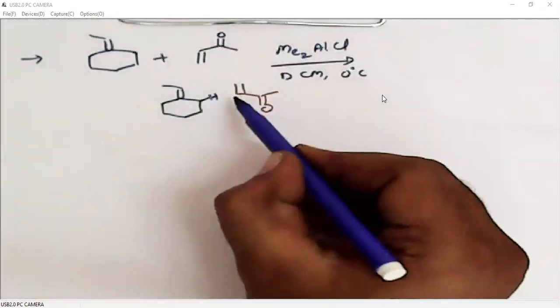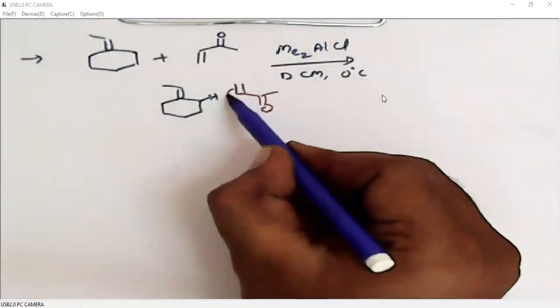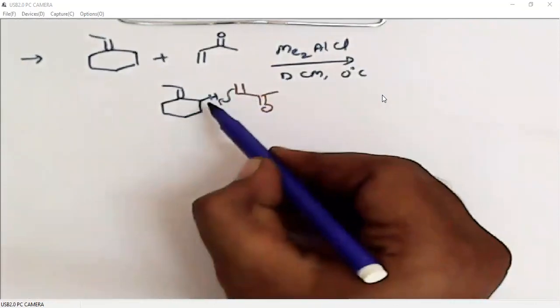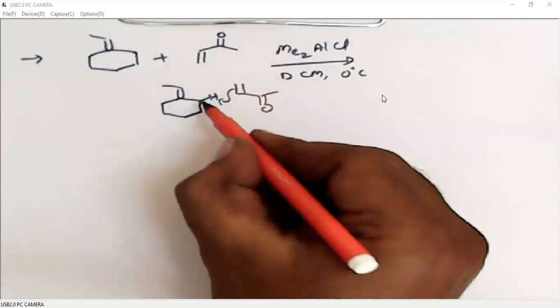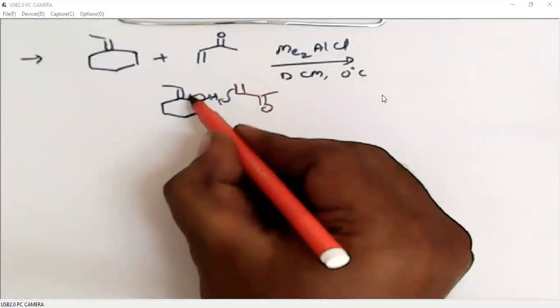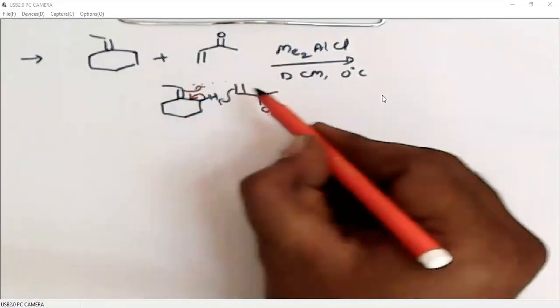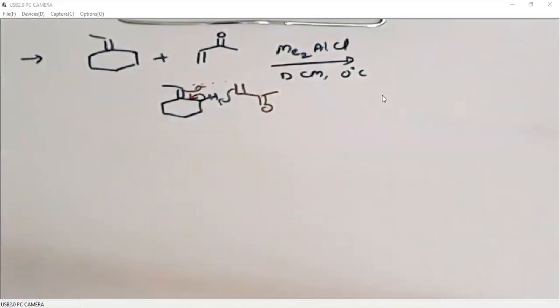So in this case, the proton can be picked up by this alkene. So the carbon hydrogen bond will be polarized and this double bond will be polarized to generate a sigma bond.